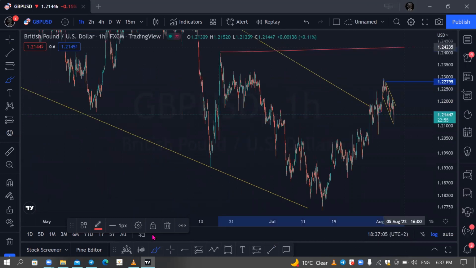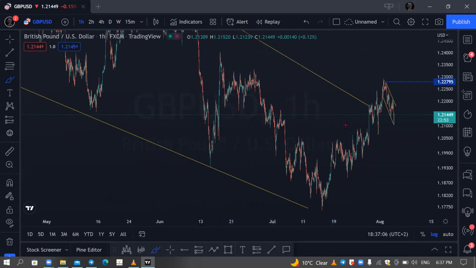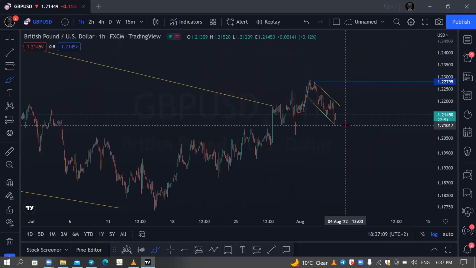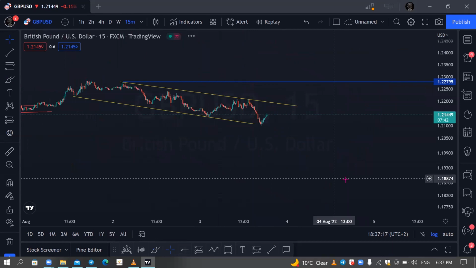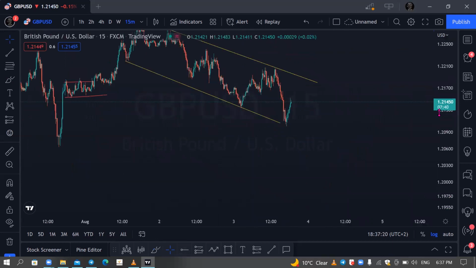I remember it was this zone. None of that happened. Today when I was looking at the market, I spotted that we're still pushing to the upside, and I identified this pattern right here.